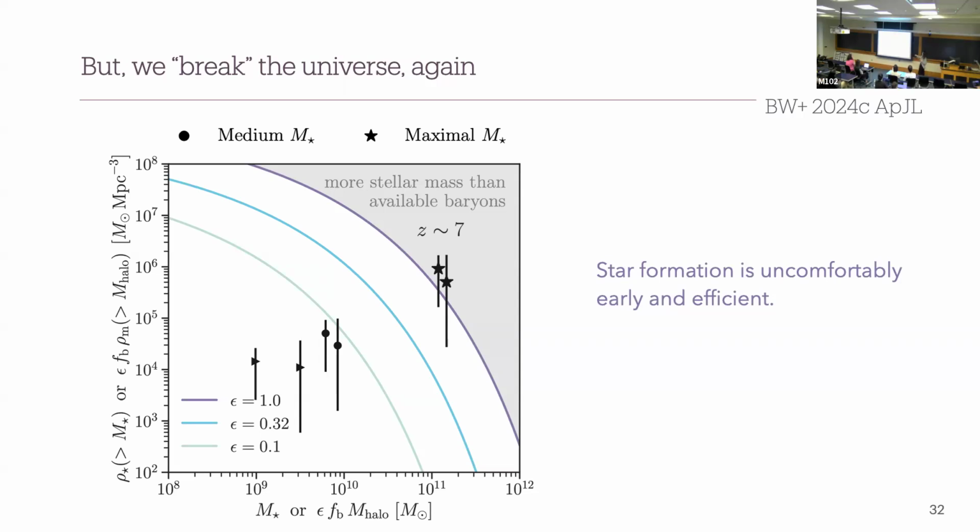So everything above this line is a forbidden zone. And this is the data point. If we assume little red dots are just galaxies, we see it's really pushing the theoretical limit. I'm not saying we are breaking Lambda CDM with those SED-fit stellar masses, but it's true that the star formation history is uncomfortably early and efficient.